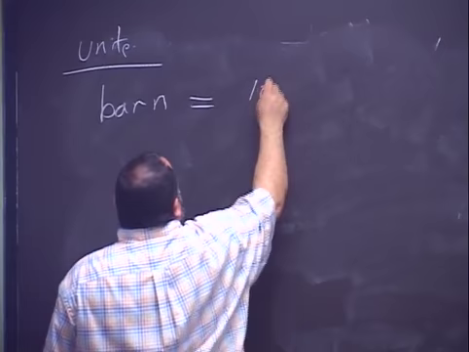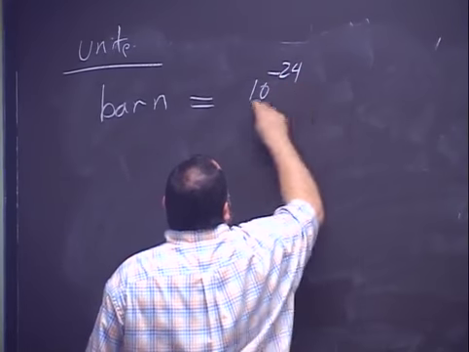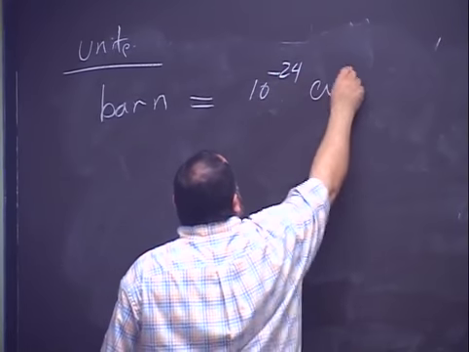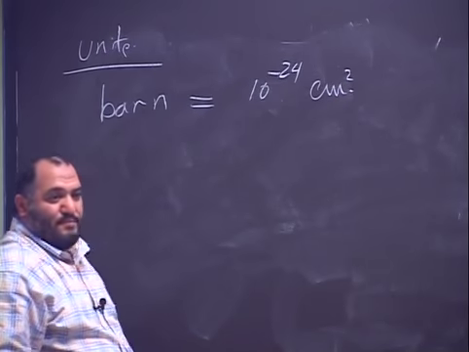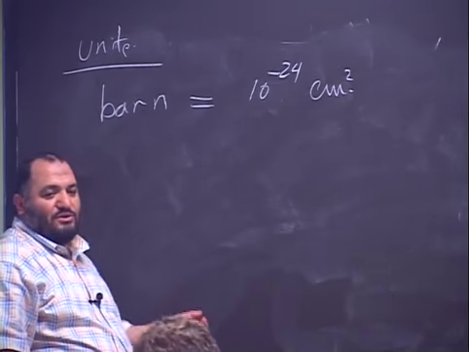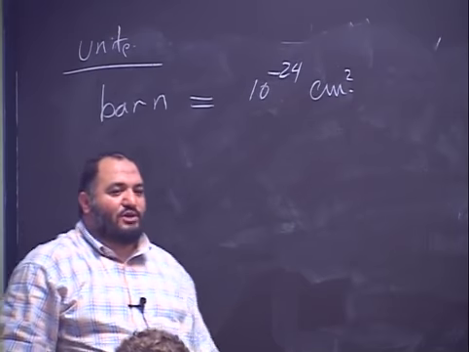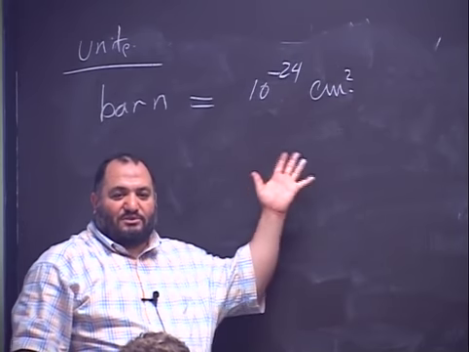The barn is nothing more than 10 to the power of minus 24 centimeters square. So when you talk about how many barn, you know now that barn is 10 to the power of minus 24.